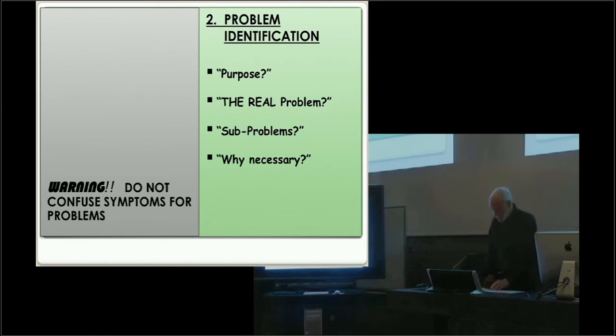Landscape architect James Rose wrote that the designer must learn to hear, but not hear, see, but not see what their client is trying to convey. Remember: do not confuse symptoms for problems.